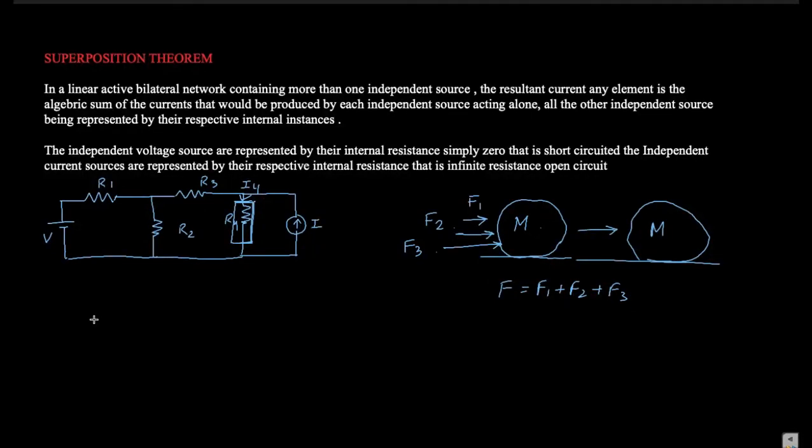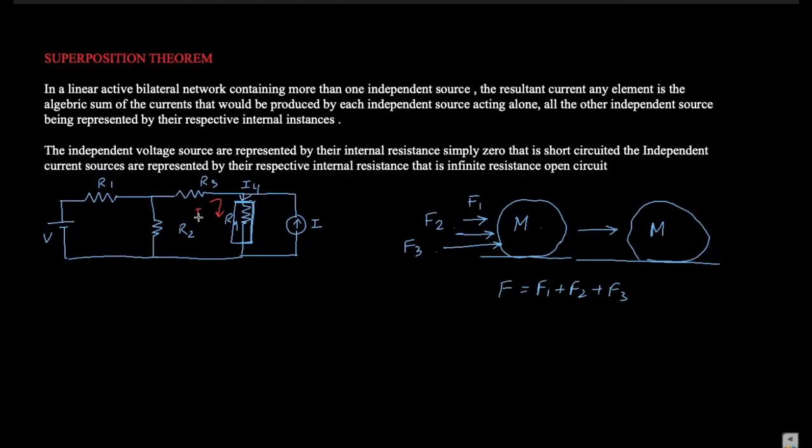This I4 current is due to the supply from V and the supply from I, meaning some current is supplied by I and some current is supplied by V, and then we get I4.